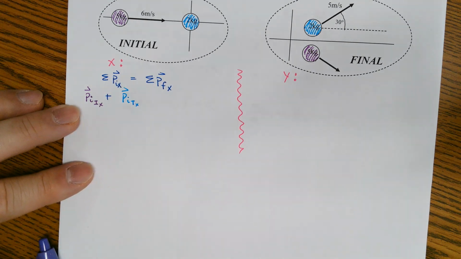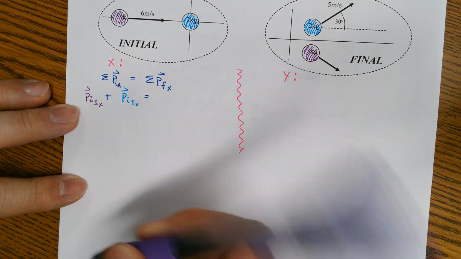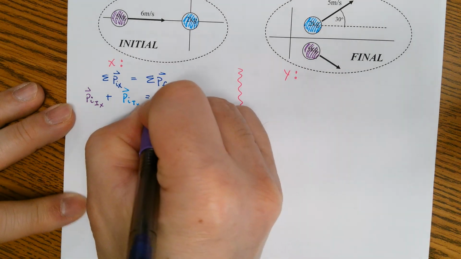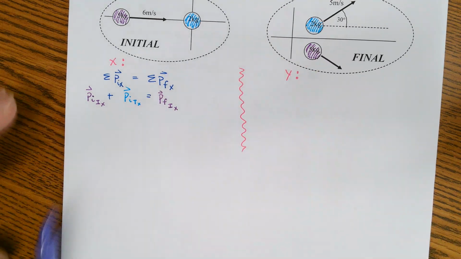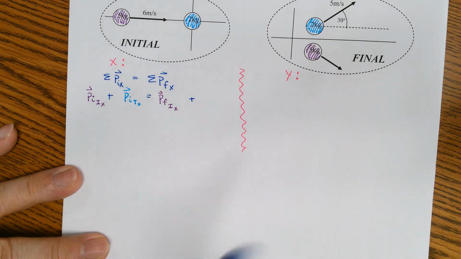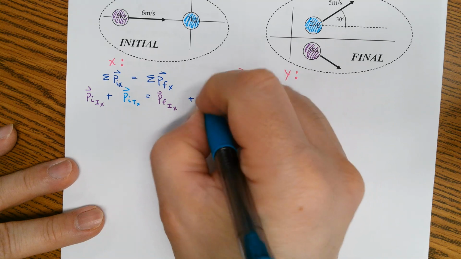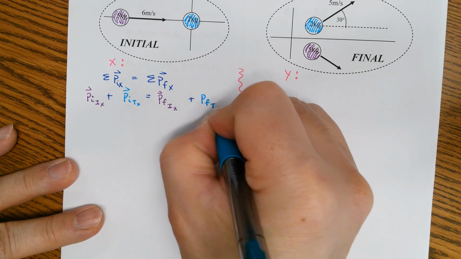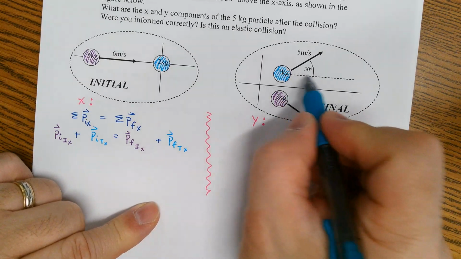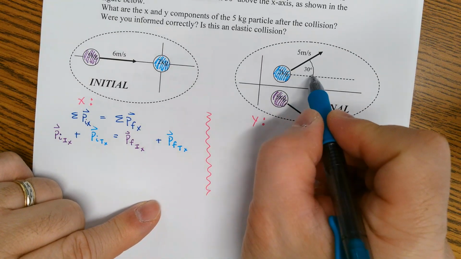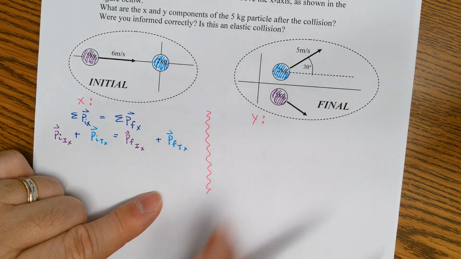That has to equal the momentum final of the incident in the x direction plus the momentum final of the target in the x direction.